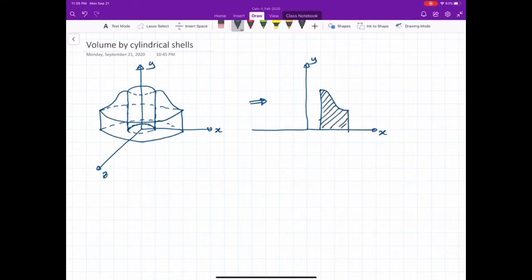Now what happens if I rotate this region about the x-axis? Sorry, about the y-axis. Now what I'm going to do is I just rotate that region about the y-axis. If I rotate that about the y-axis, I will be able to get this shape.